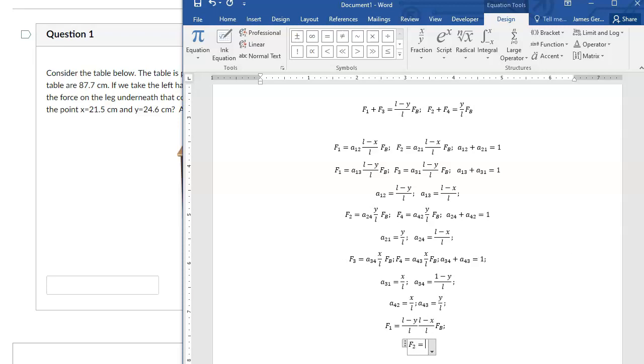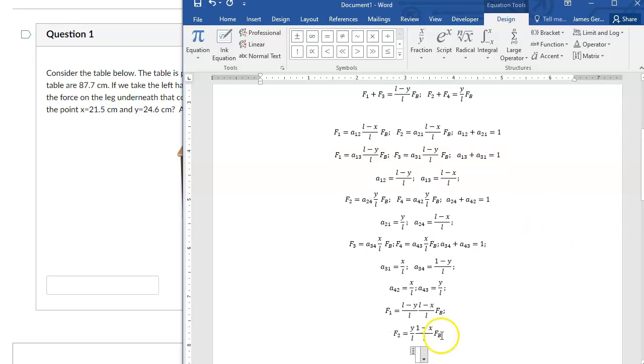Well, our coefficients for F2 are Y over L and 1 minus X over L, FB. Okay, and you may want to put brackets around these just to make life look a little better. There we go. Do that down here.